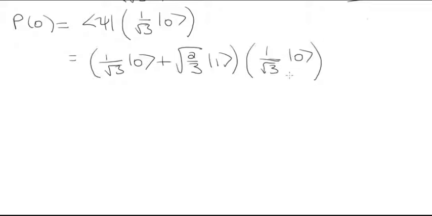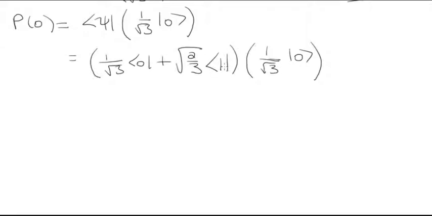Oops, sorry, let's see what I've done. I've just written the ket here, but we actually want the bra. We've got to be careful here. We keep the coefficients, but kets become bras and bras become kets. So this should be bra 0 like that, and this should be bra 1.